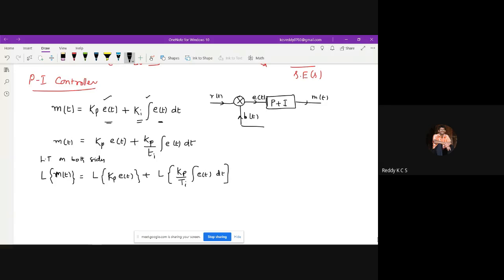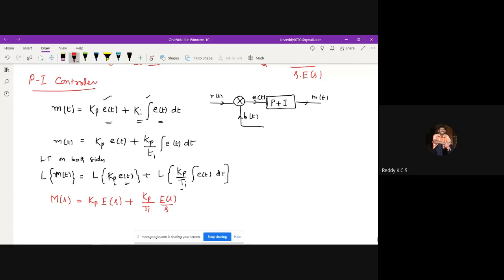So m of s is equal to Kp times E of s plus Kp by Ti times the integral of e of t dt, which is nothing but E of s by s.